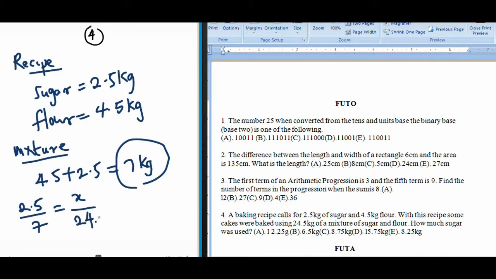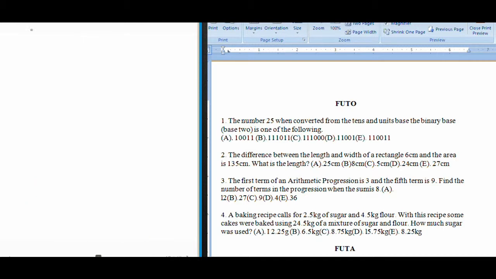Now, cross multiplying will give us 7X equals 2.5 times 24.5, which means our X, which is the amount of sugar present in the mixture, will be equal to 2.5 times 24.5 all over 7. And if we do that correctly, that will give us 8.75 kilograms of sugar. And that is option C.